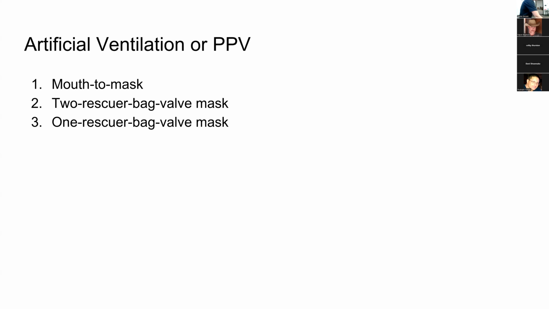So when we talk about the 1-person rescuer, we're talking about something called the EC clamp, which is kind of in your BLS. So you make a C with your thumb and first finger, and then your E makes up these last 3 fingers. The mask, mouth is larger, nose is smaller, is going to get put on the patient.